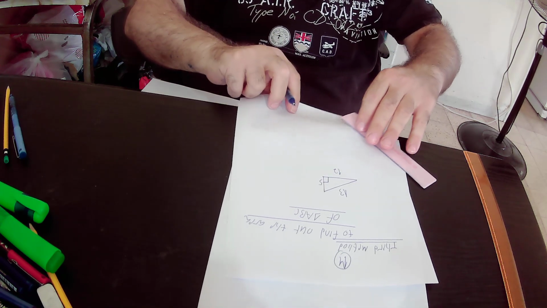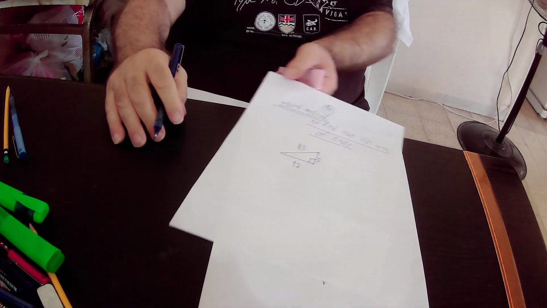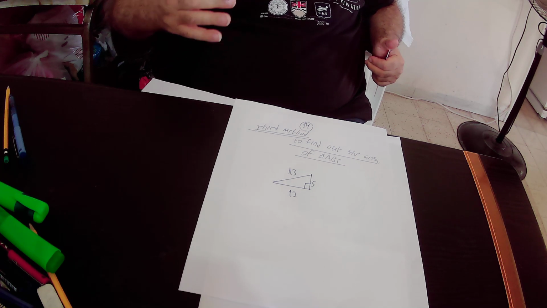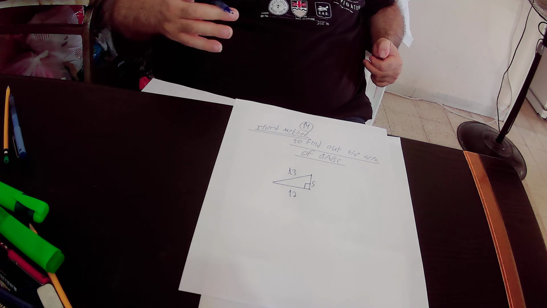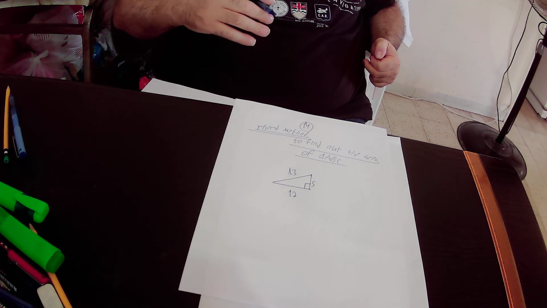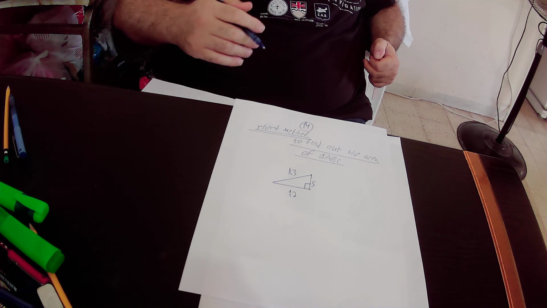So this is the first part of triangle ABC after we divide it into two right triangles.